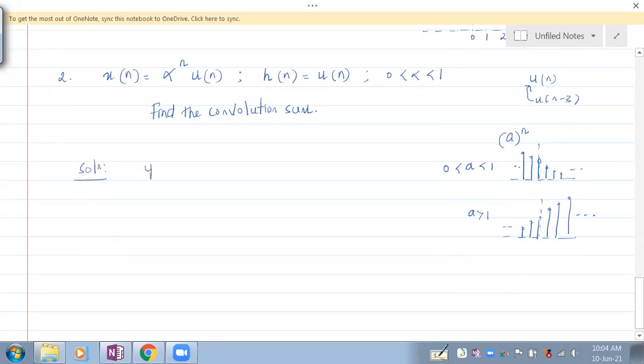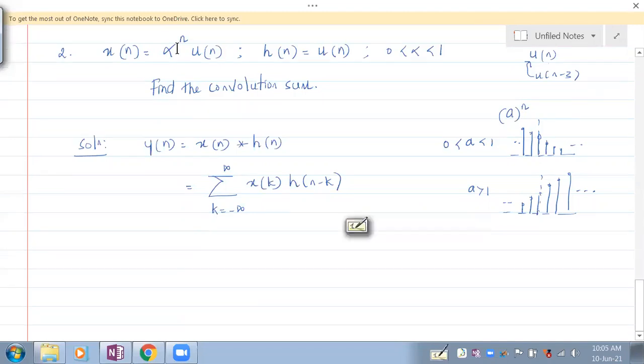Okay, so we are finding out y of n. Since x of n and h of n are given, it's x of n convolution h of n. And what is the equation? It's summation k ranging from minus infinity to plus infinity, x of k, h of n minus k. Fine. Now substitute this.